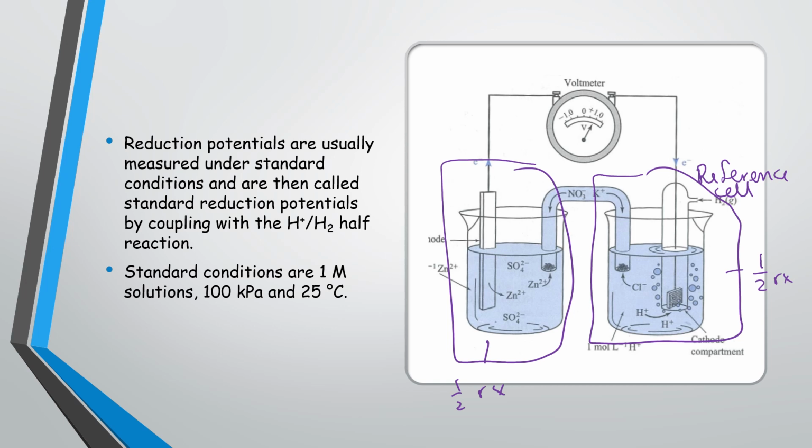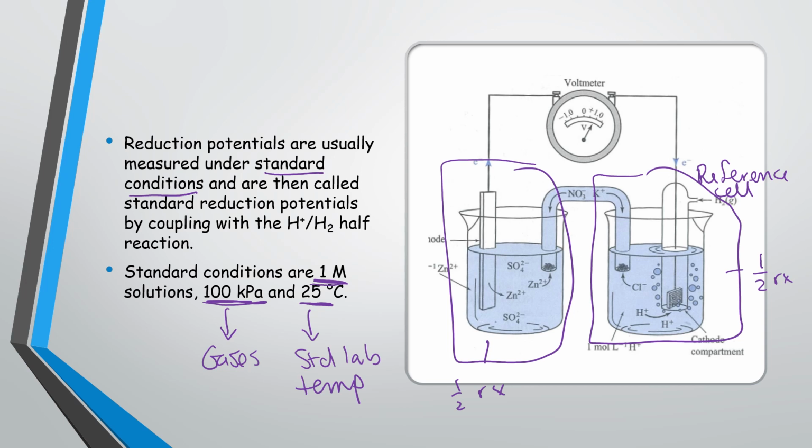Now, all reduction potentials are measured under standard conditions, and the standard conditions are 1 molar solutions, 100 kilopascals for gases, and they're always done at 25 degrees Celsius, which is considered to be a standard laboratory temperature.